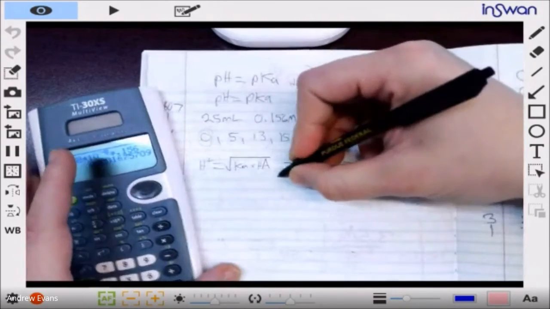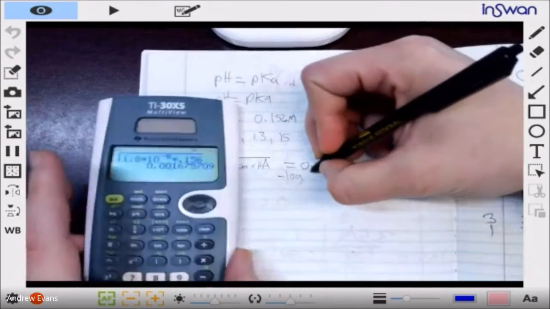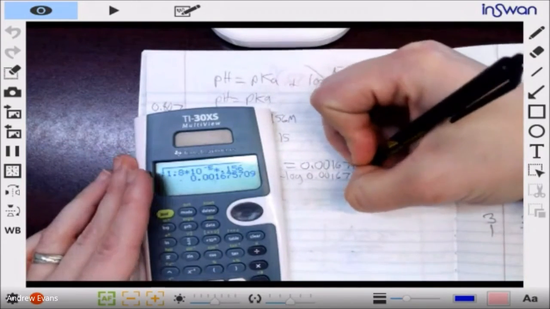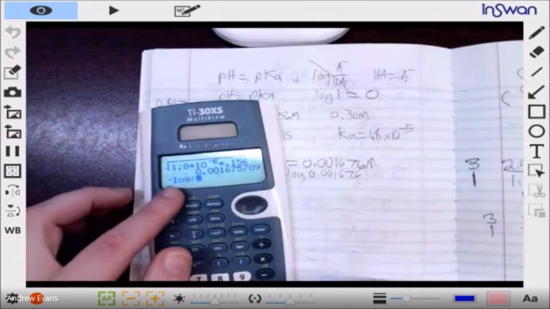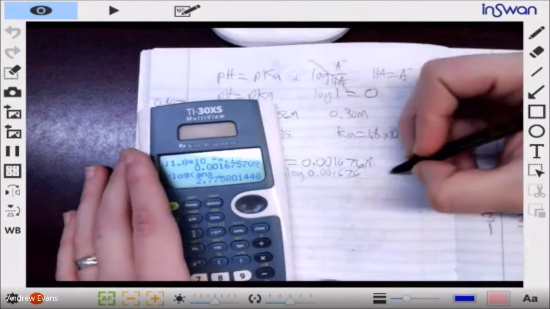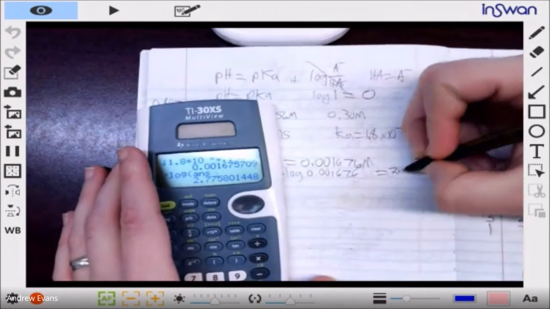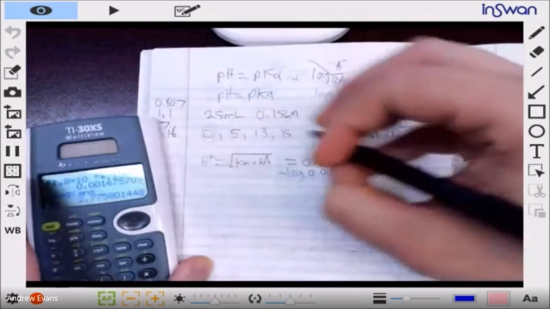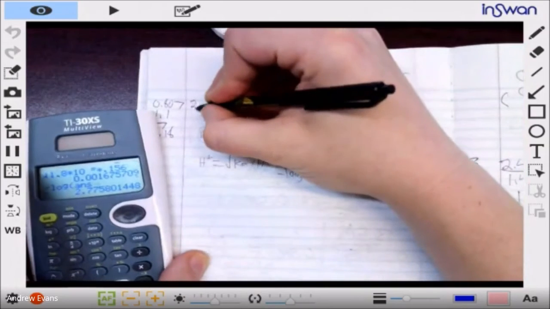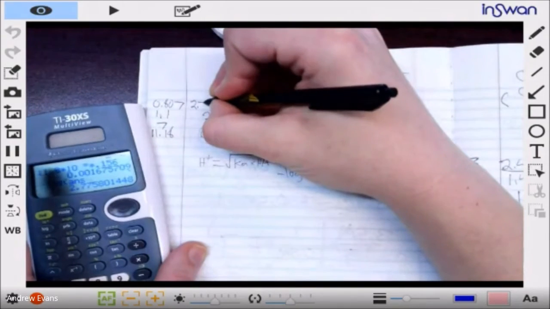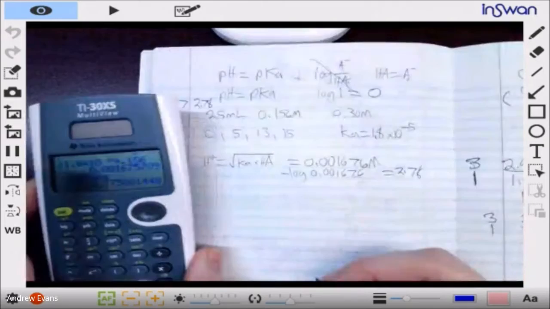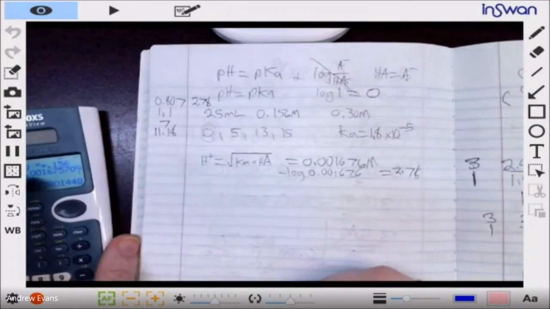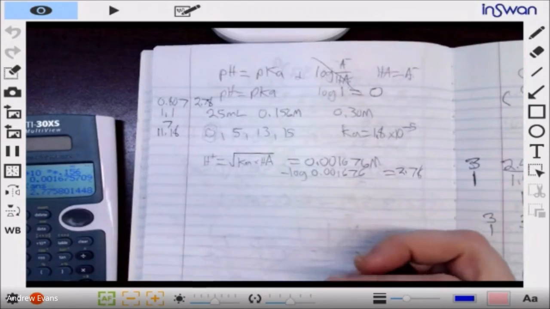The negative log of that is going to be 2.78. So right now, look at the difference. Instead of 0.81, we have 2.78. Already a good deal, almost 2 full pH units higher.